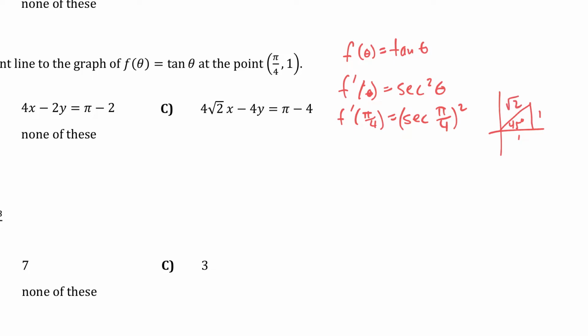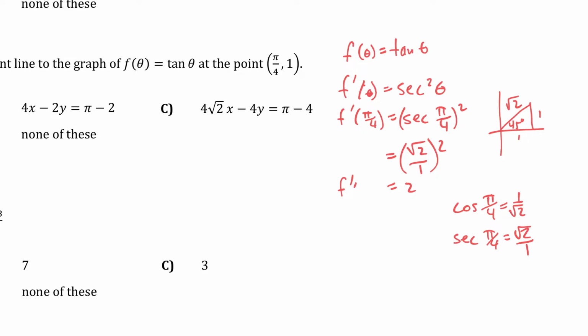Secant is 1 over the cosine, and cosine of pi over 4 is 1 over square root of 2. So the secant of pi over 4 is square root of 2 over 1. So it's going to be the square root of 2 over 1, but the whole thing squared, which is really just 2. So f prime of pi over 4 is 2.